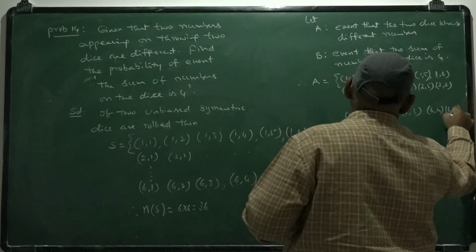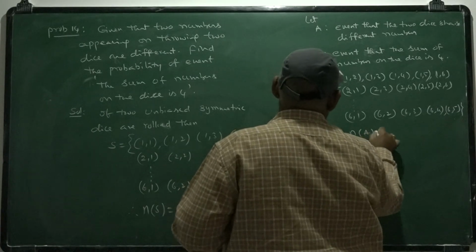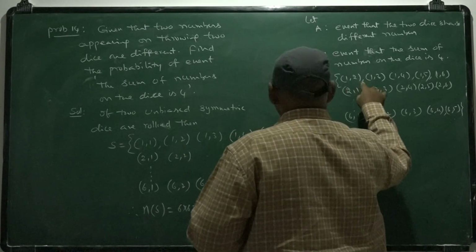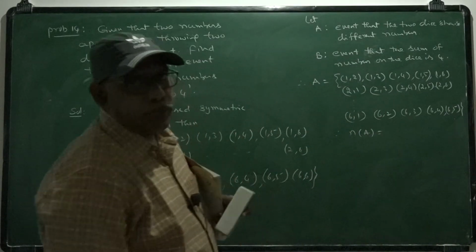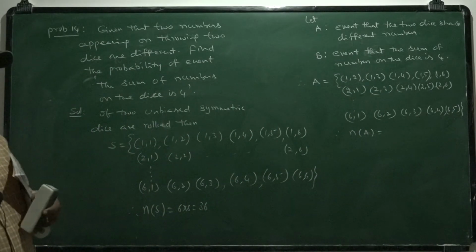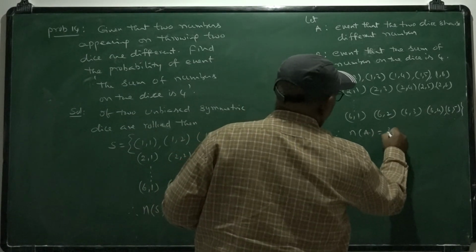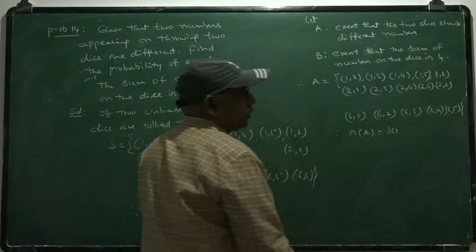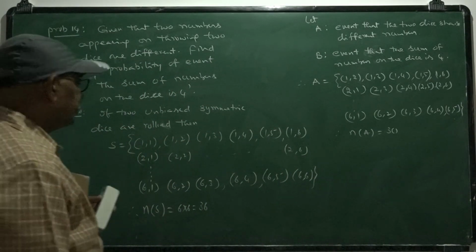I cannot take 6 6 here. So n of A takes the value: there is no 1 1, no 2 2, no 3 3, no 4 4. Similarly, we cannot take 5 5 and 6 6. So out of 36, 6 are removed, so we have 30.